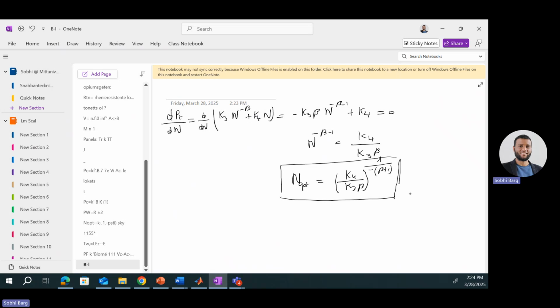Now, we need to understand this equation. K3 here includes the magnetic material, the Steinmetz parameter K that we have defined in our first equation, multiplied by other terms which depend on the specification of your application, the converter.